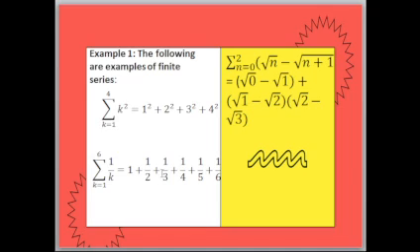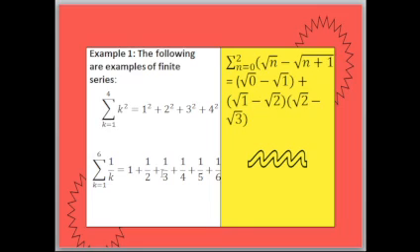Example 1. The following are examples of finite series. Finite means may katapusan, or there's an end. For example, k is equal to 1, n is 4, and we have k squared. Since we will start with 1, it should be in order.